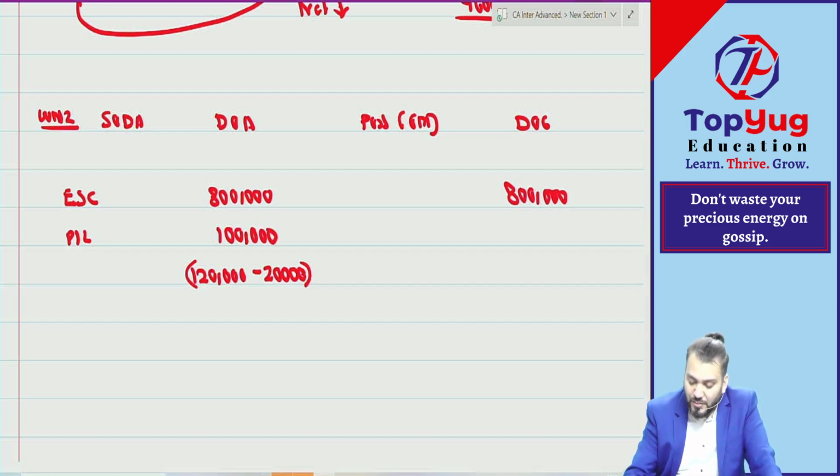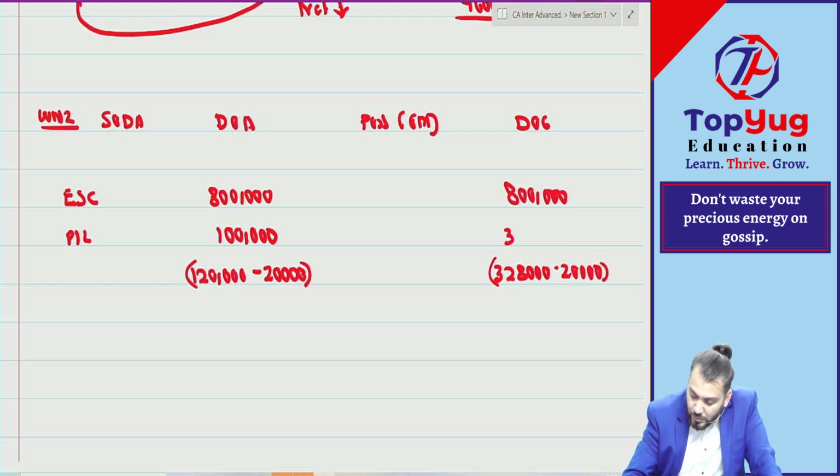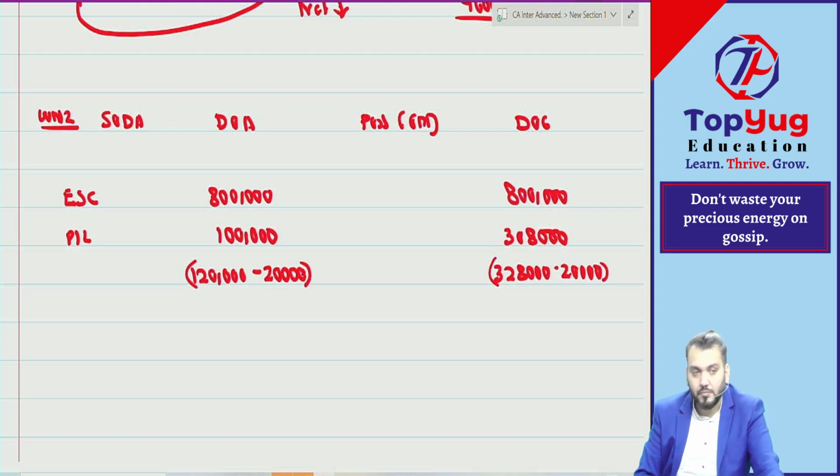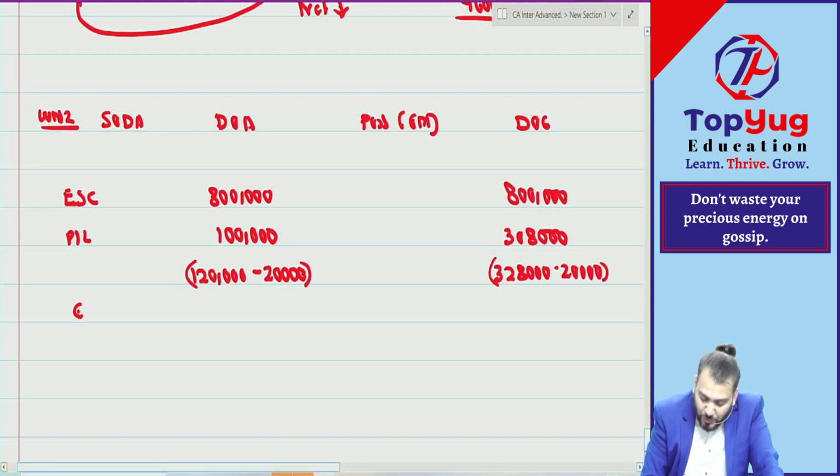Similarly, closing balance how much is given? 3 lakh. So it will be 3,28,000 minus what? 20,000. How much? 3,08,000. Any general reserve also given? General reserve, how much is given as opening balance?